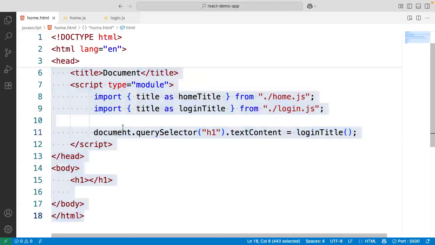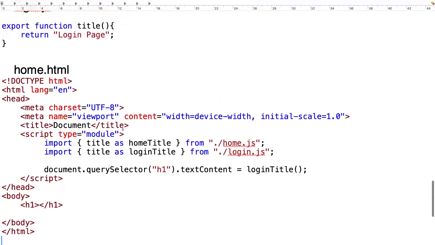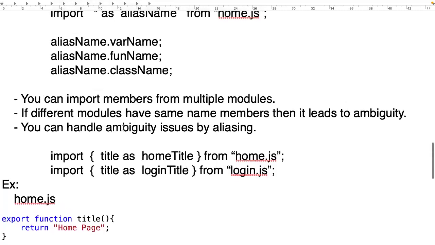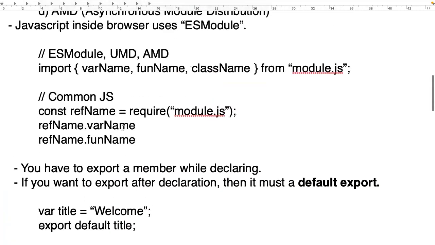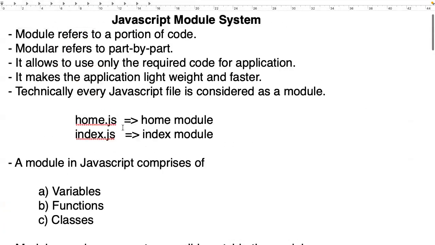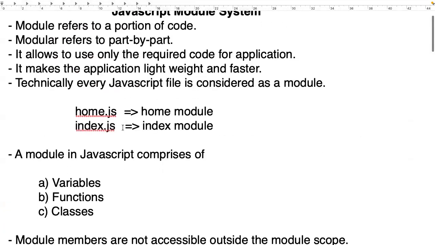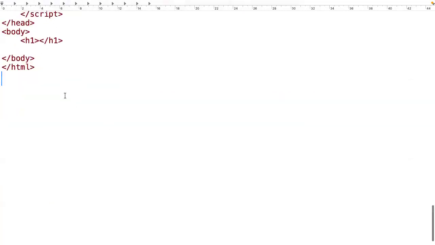I gave this just for your reference. So you need to know what a module system is and how it is used in our projects. Let's see how to do this in our application.